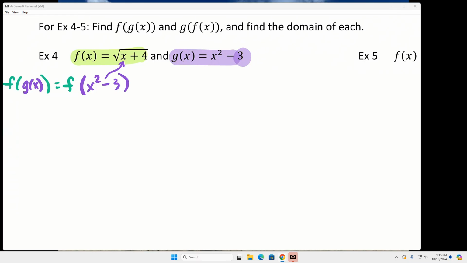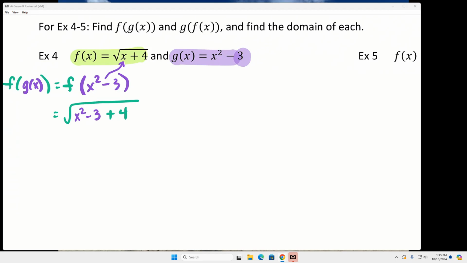Alright, so we're still going to have the square root. But instead of under the square root having x plus 4, we're going to have x squared minus 3 plus 4. So just x becomes something new. Everything else stayed the same.